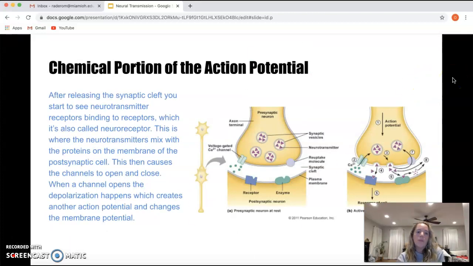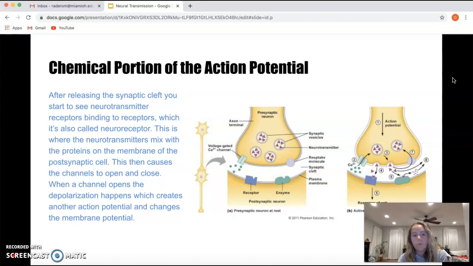Next, we have the chemical portion of the action potential. After releasing into the synaptic cleft, you start to see neurotransmitter receptors binding, which is also called the neuroreceptor. This is where the neurotransmitter mixes with the proteins on the membrane of the synaptic cell. This then causes the channels to open and close.